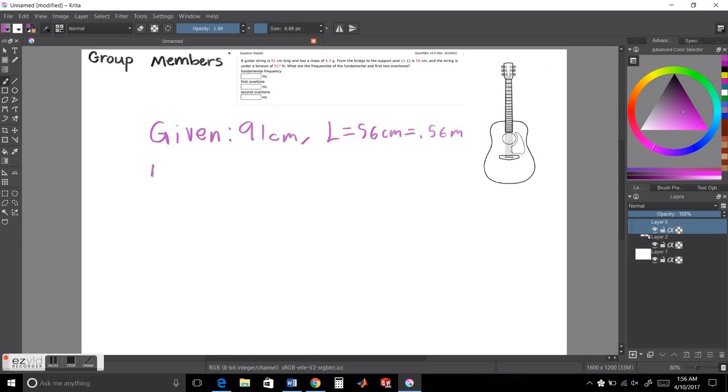So that is what we will use for our length, which is 0.56 meters.